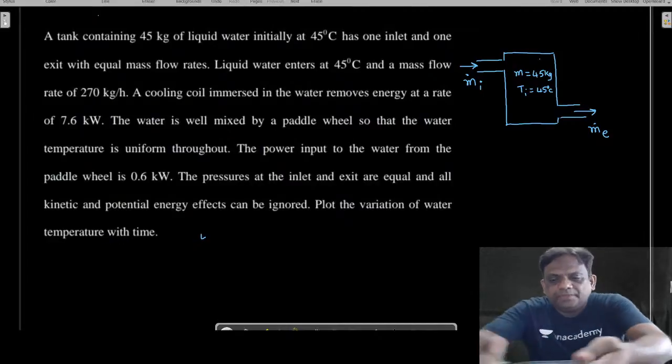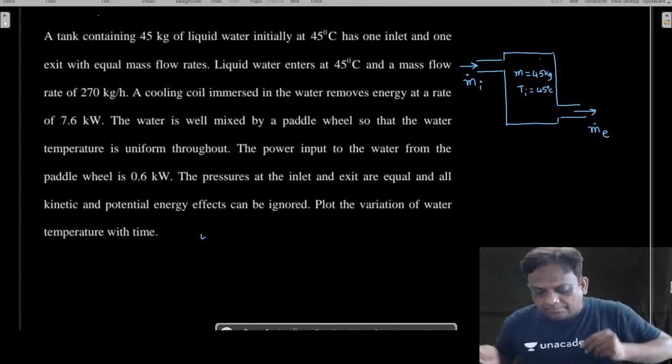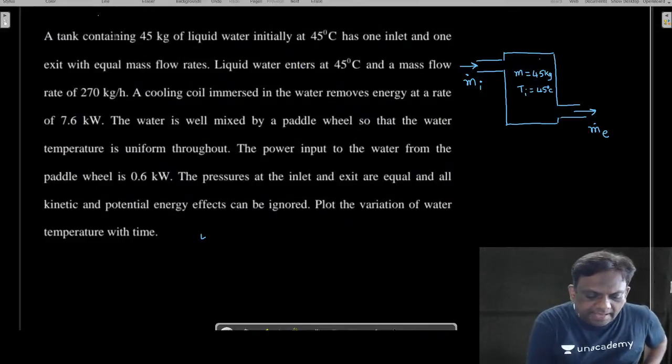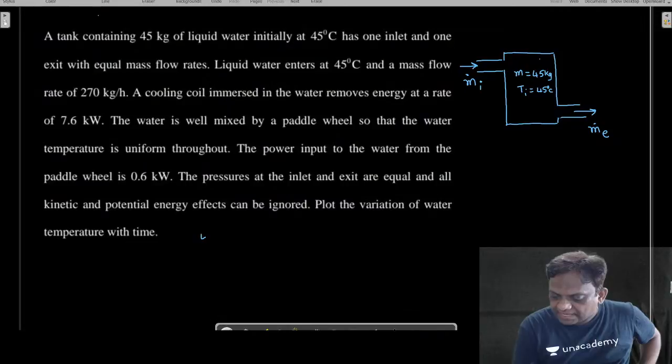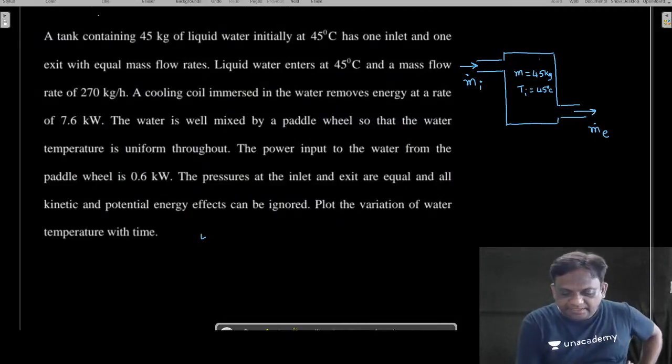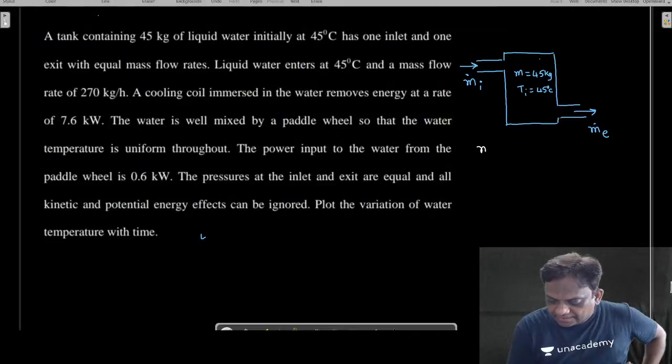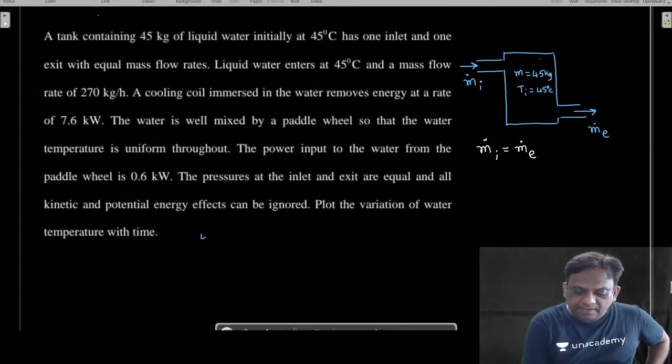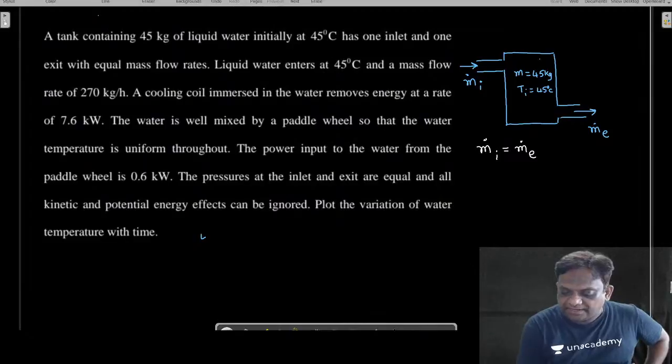All fine. Now, a tank contains 45 kg water, and initially it is at 45 degrees centigrade. It has one inlet and one outlet with equal mass flow rates, so I will write m dot I is equal to m dot E. Liquid water enters at 45 degrees centigrade.